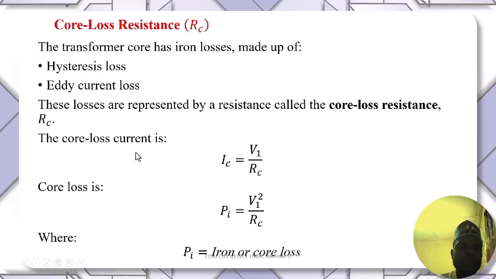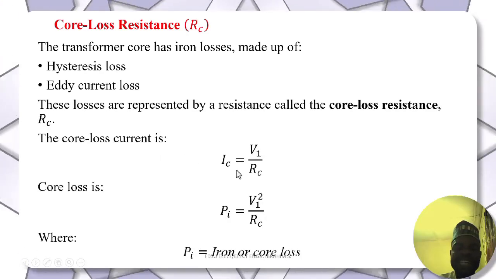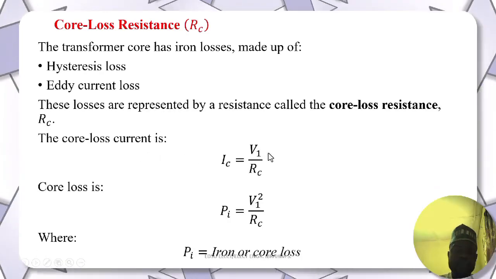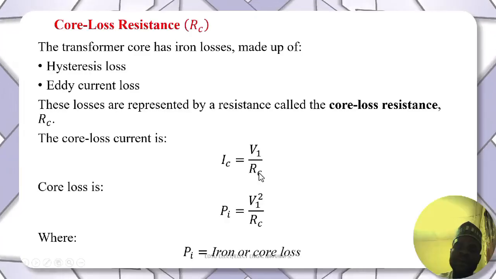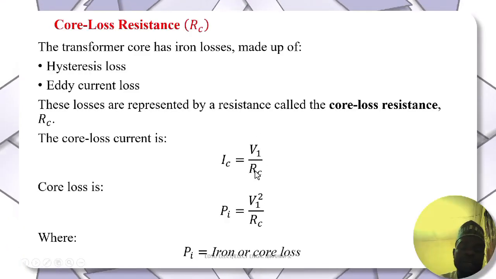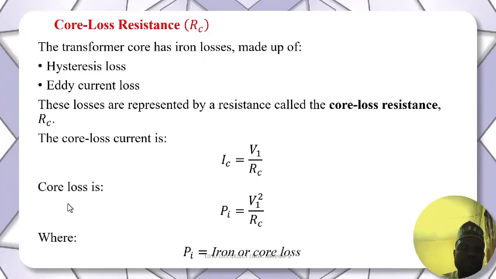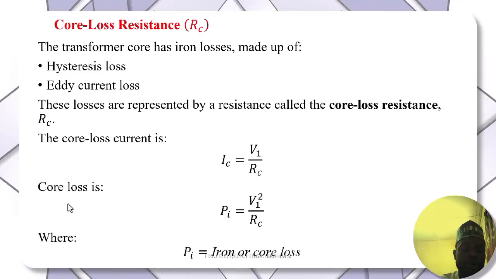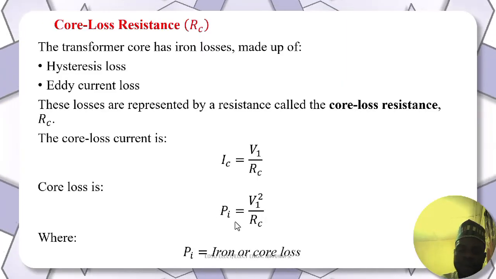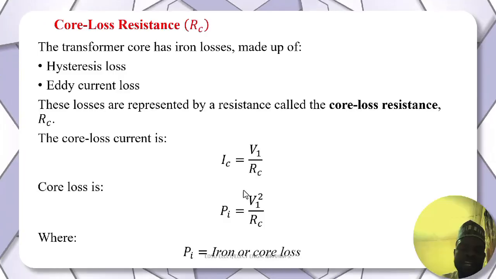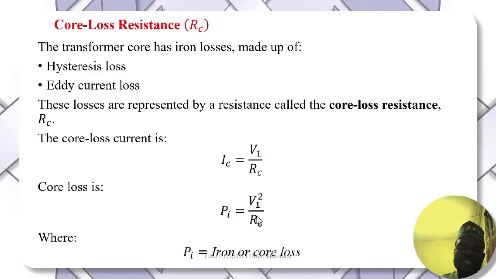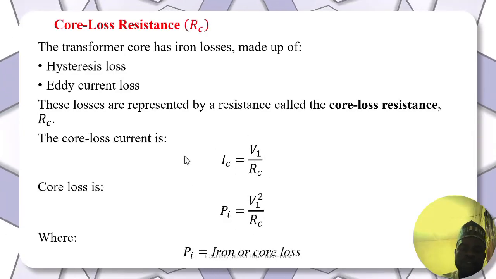So the core loss current is IC equals V1 divided by RC. Our V1 is the primary voltage. So the core loss power, the power loss in the core, or you can call it iron loss also, is V1 squared over RC, which was gotten from here.